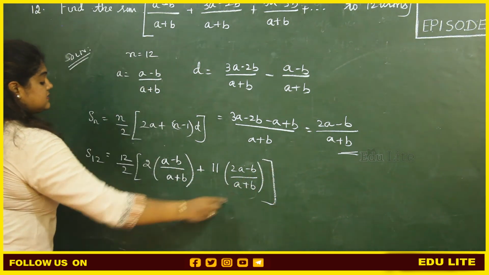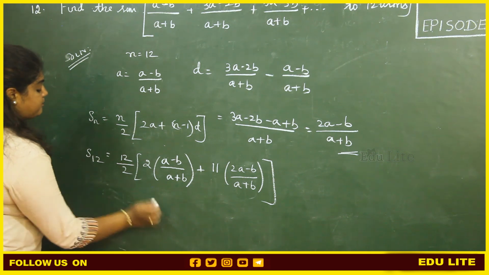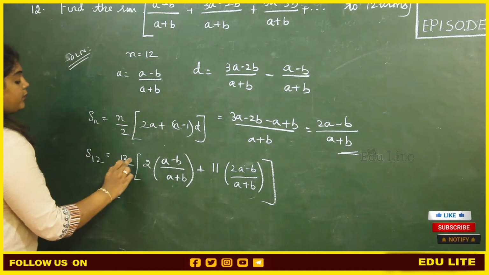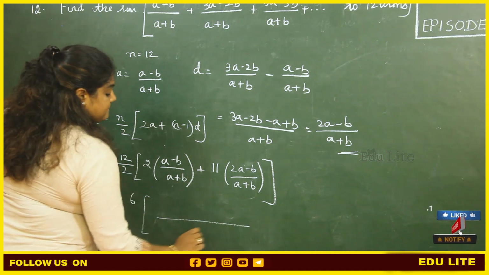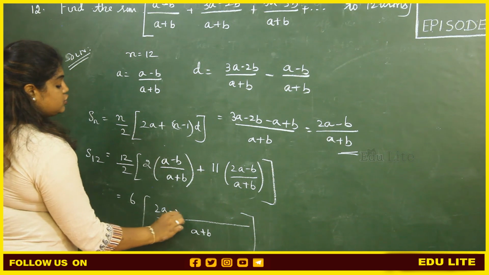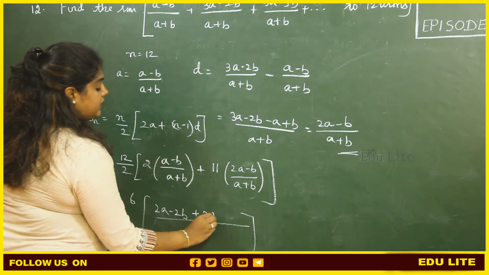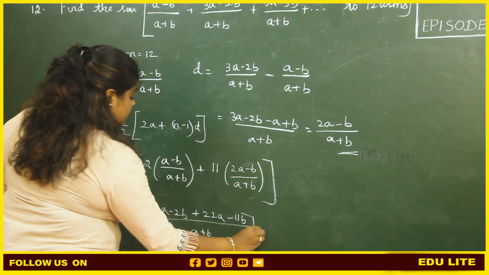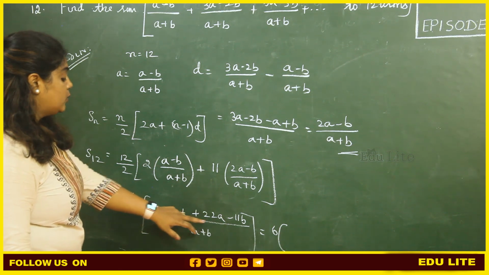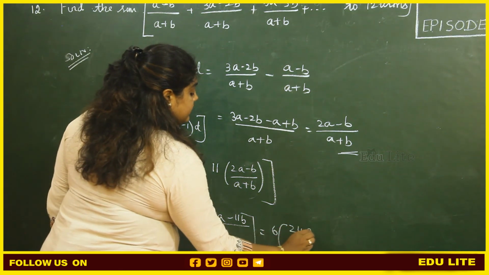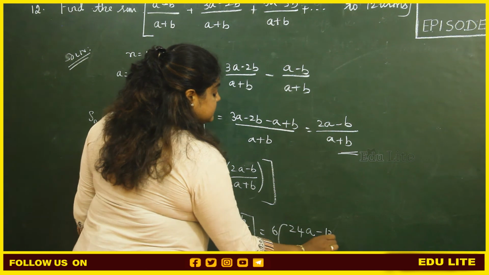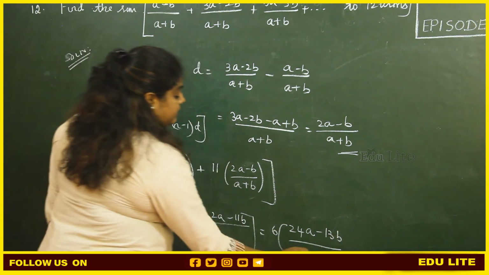The denominator is the same for both the terms, so we can directly simplify. 12 by 2 is 6 by a plus b, 2a minus 2b plus 11 into 2, 22a minus 11b. 6 into, we have to simplify, 22 plus 2 is 24a. Next, minus 2 minus 11 is minus 13b, divided by a plus b.